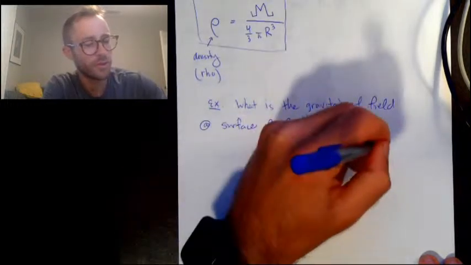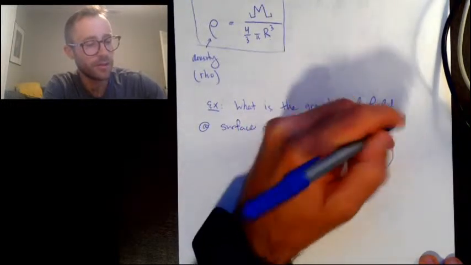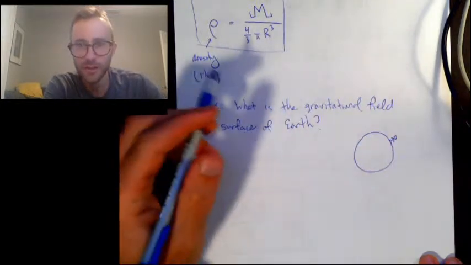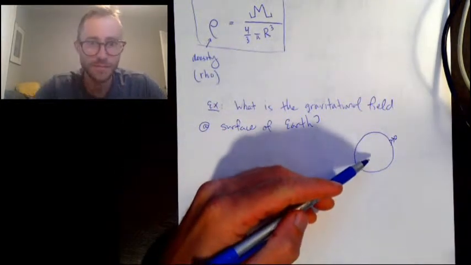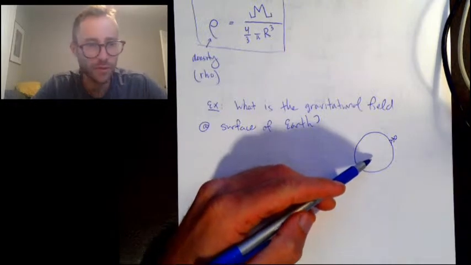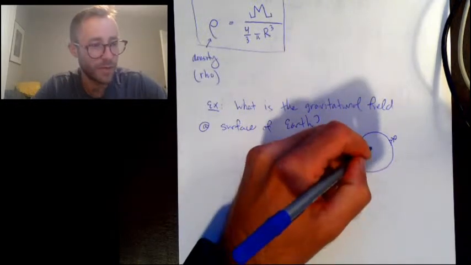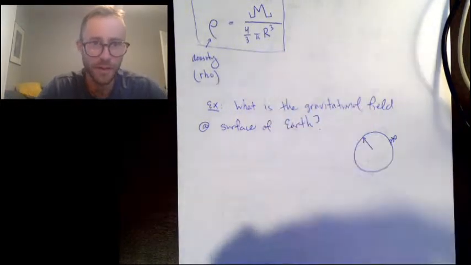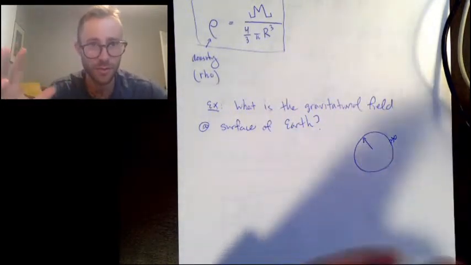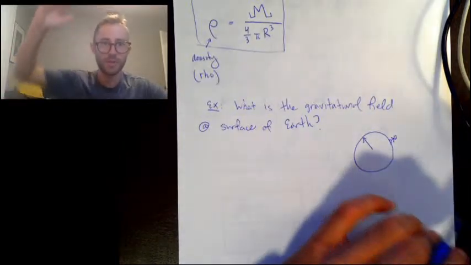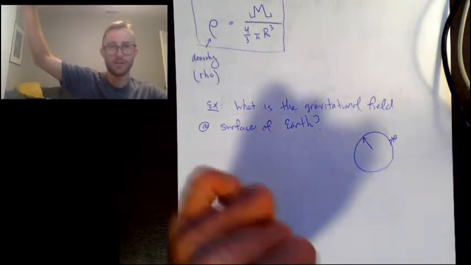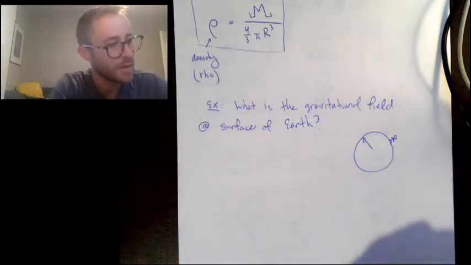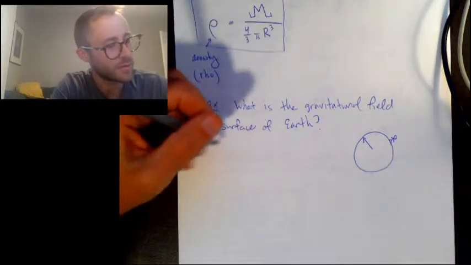So here's the Earth, and here is you at its surface. So basically, your distance from the center is equal to the radius of the Earth. Right? If you're standing on the surface, then your distance to the center of the Earth is the radius of the Earth. If you're up in the air, then the distance to the center is greater than the radius of the Earth. But because you're on the surface, your distance to the center is the radius of the Earth.